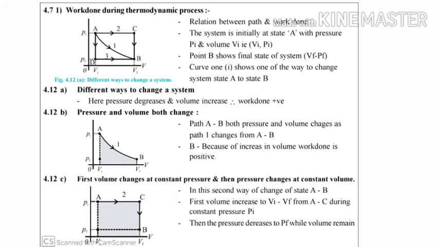Then you have to explain each and every point, how the state changing process takes place while moving from one point to another, in a detailed manner. Then you will get full marks for this type of question.